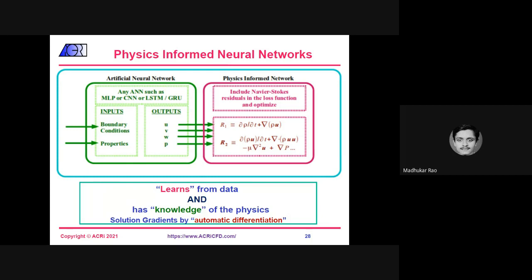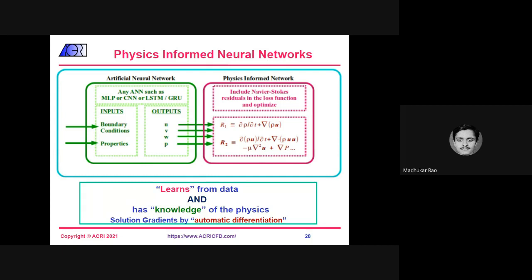So you can train on results from high-fidelity CFD, good quality experimental data, and also teach it to honor the strong form of the governing equations. Okay, so we say that it can learn from the data and has knowledge of the physics, and that is the power of the physics-informed neural network.